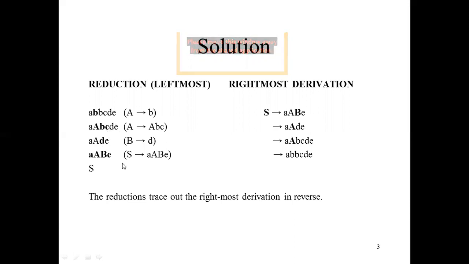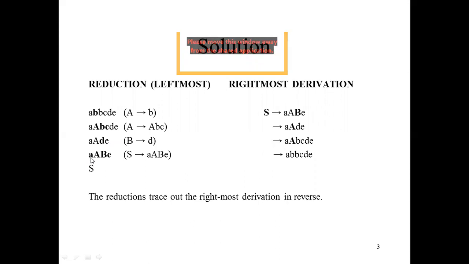So you are reducing your string. Then again you can replace small d by capital B. So again write A, again write capital A, and D you can replace by capital B. Again you write E as it is.